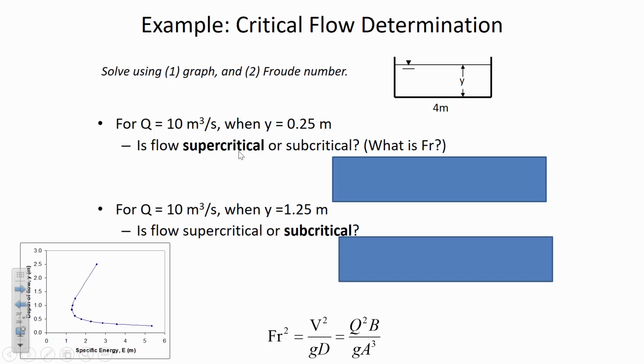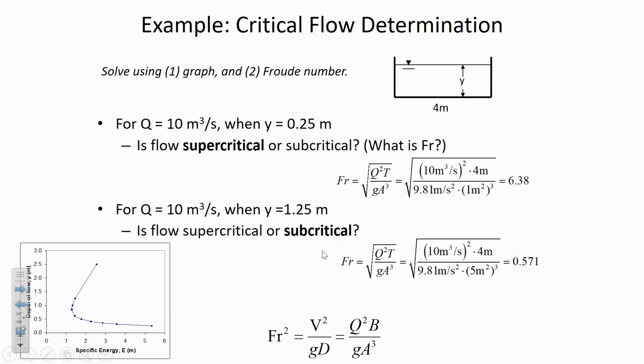All right, so it is supercritical, and the Froude number we can calculate by having the flow rate squared multiplied by the top width divided by G. The cross-sectional area is 1. Now, that area, remember, is the width, 4, times the depth, 0.25. So that's where the 1 square meter comes from, but we have to cube that. So the Froude number confirms what the depth also indicated. The depth told us it was supercritical, and so does the Froude number.